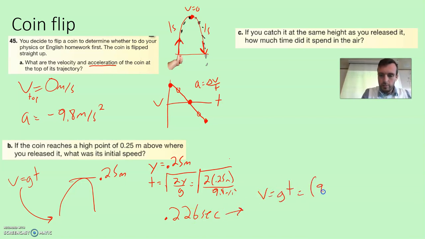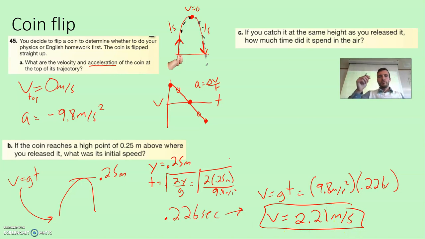So that's going to be 9.8 meters per second squared times 0.226 seconds. Let's try that one out. 9.8 times 0.226. And the velocity there is going to be 2.21 meters per second. So that's how fast you have to throw it in order for it to go up a distance of 0.25 meters.